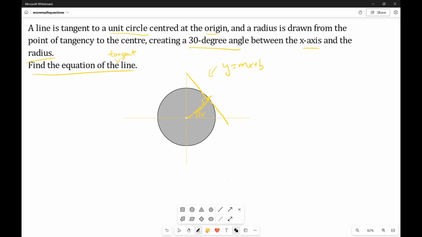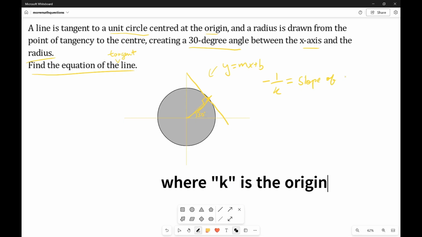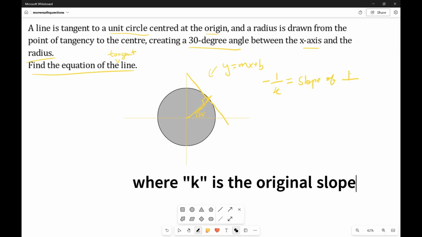We can find the slope of the radius and take the negative reciprocal of that slope to find the slope of the tangent line, because the negative reciprocal, I'll denote it by 1 over some constant k, will give you the slope of the perpendicular.